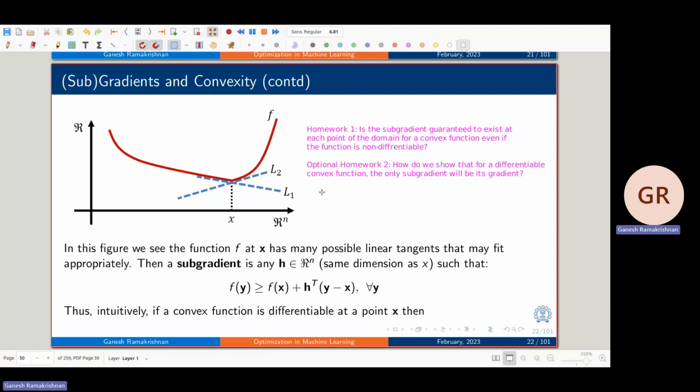And homework two is saying, okay, if the function is convex, let's assume there's a subgradient at each point as per the solution to homework one. Now, is it guaranteed that the subgradient will turn out to be the gradient at every point? How will you prove that? I mean, the proof sketch or the idea behind this proof is what is required, not the details.